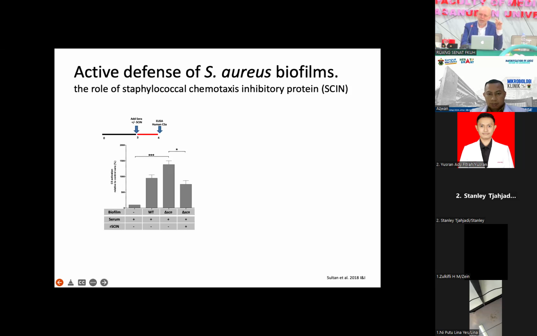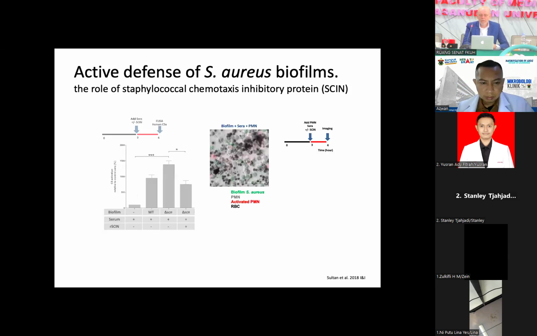Sorry, I'm talking in the wrong way. The presence of SCIN caused a reduction, because in the wild type, SCIN was being produced, a reduction in comparison to the knockout of SCIN. So the bacteria is playing with the concentration of C5a that's being produced.